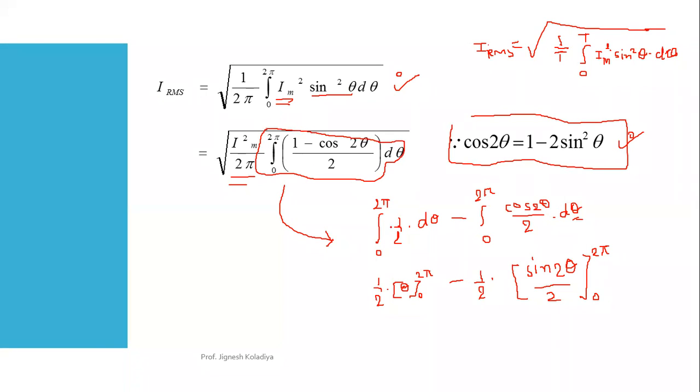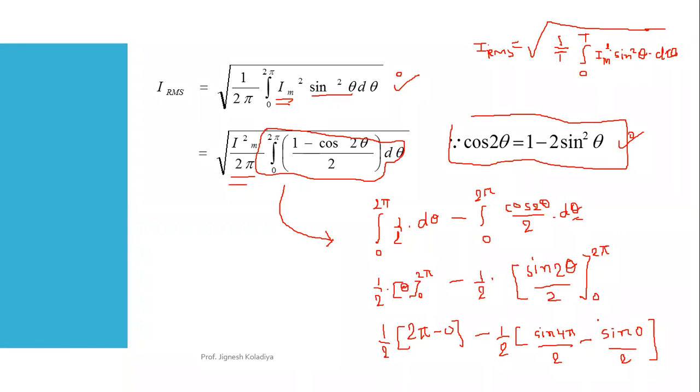Square root is already there, so for this I can write 1 upon 2, apply the limit, higher limit first, 2 pi minus 0, minus 1 by 2, here sine 2 into 2 pi, so sine 4 pi upon 2 minus sine 0 upon 2.